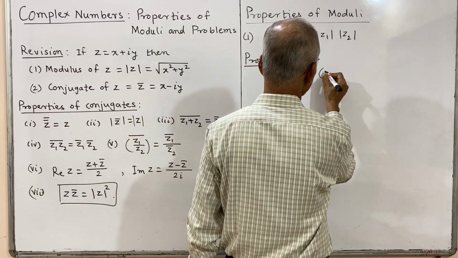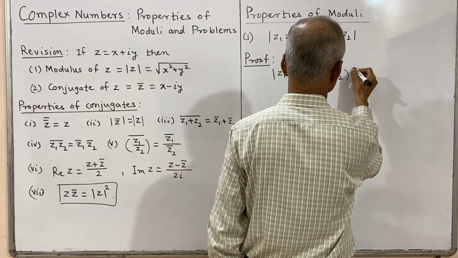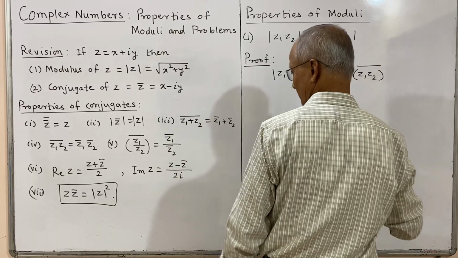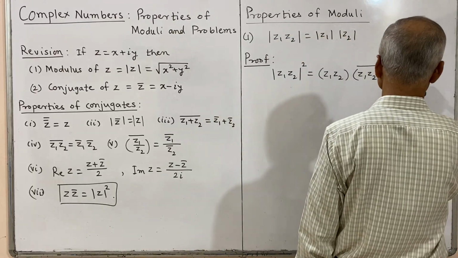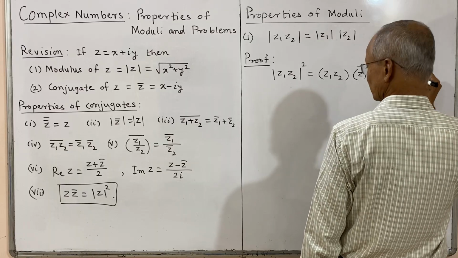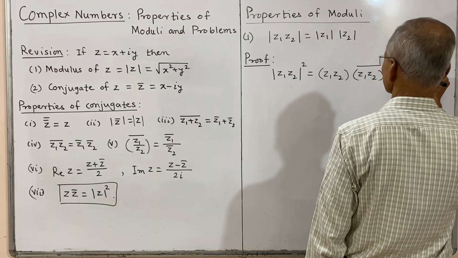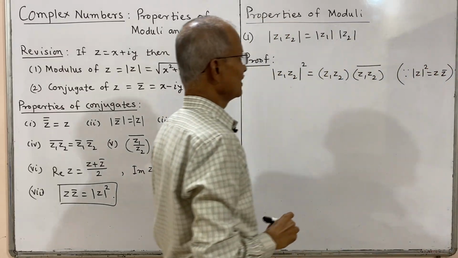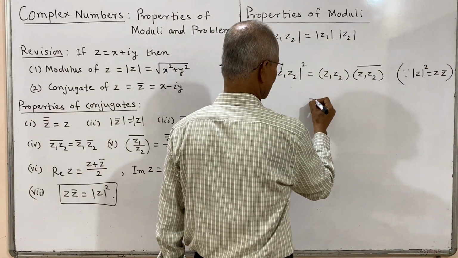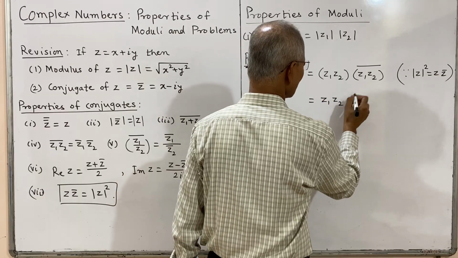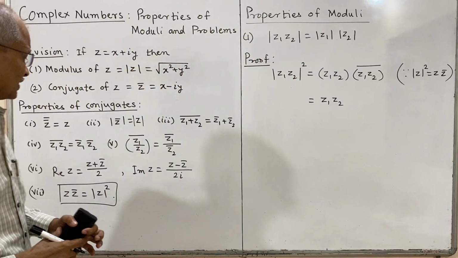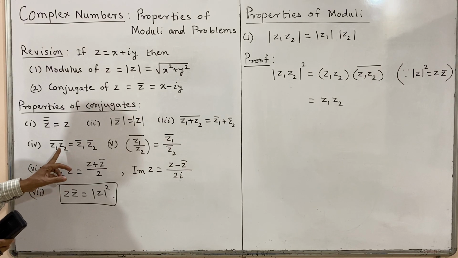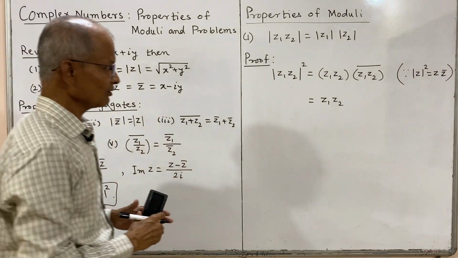So this will be z1 z2 into conjugate of z1 z2, using this last property, since mod z square is equal to z into z bar. And now this is equal to z1 z2 into, see, conjugate of z1 z2, we have this property here, conjugate of z1 into conjugate of z2.